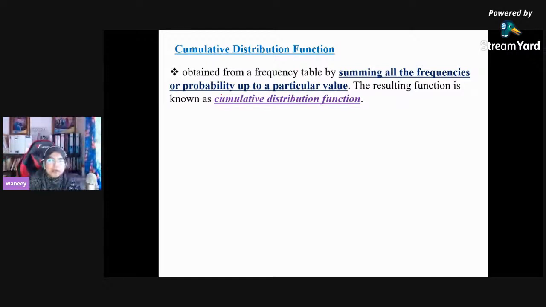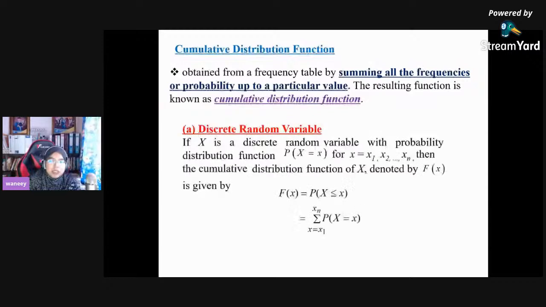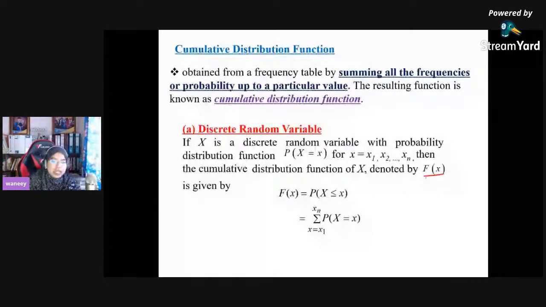Right, so if x is a discrete random variable with the distribution function P(X = x) for x equal to x1 up until xn, then the cumulative distribution of x is denoted by capital F. So again, we are using the capital F for the cumulative distribution function. This is given by: capital F(x) is simply the probability for X less than or equal to x.